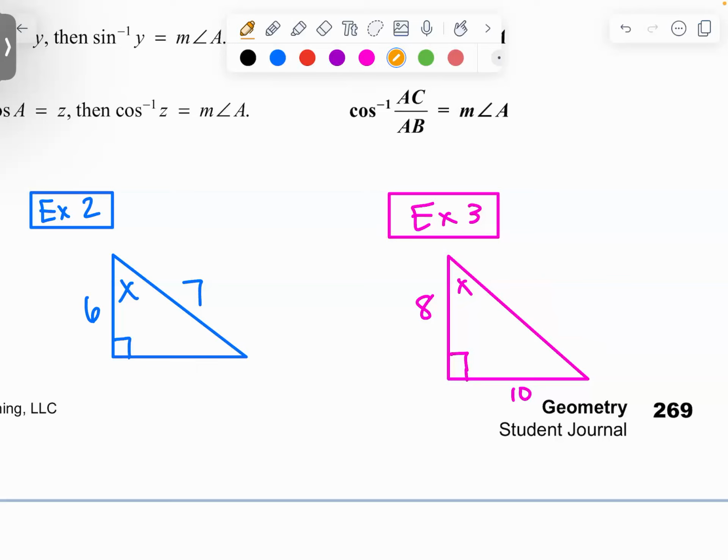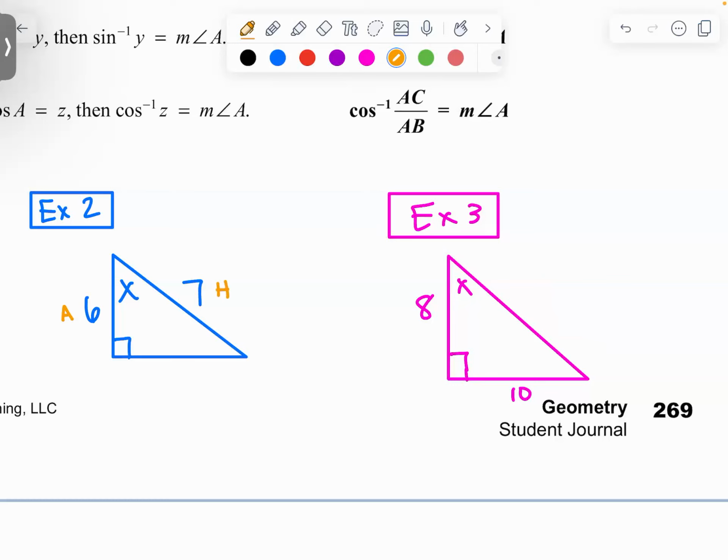Harvey, what trig function do we need for example 2? You said tangent? Are we looking at the blue triangle? So this is adjacent and 7 is hypotenuse. Would you agree?